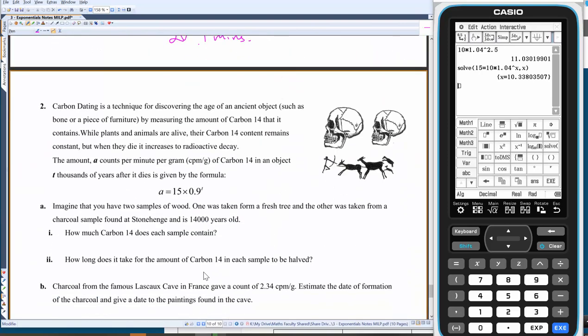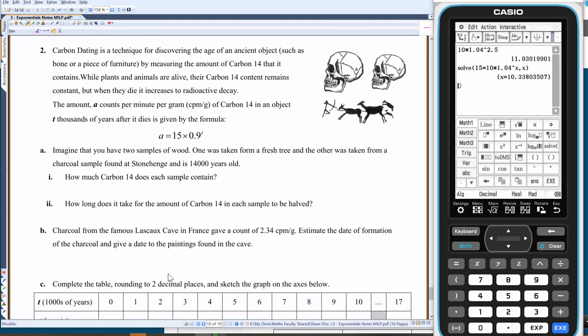Right, so this question here on carbon dating, and again, if Ms. Downey or Mr. Kruger are listening to this, please don't go to town on my limited biology here, but carbon dating is a technique for discovering the age of an ancient object. So what I'm presuming is that you measure how much carbon-14 is in the thing that you've discovered.